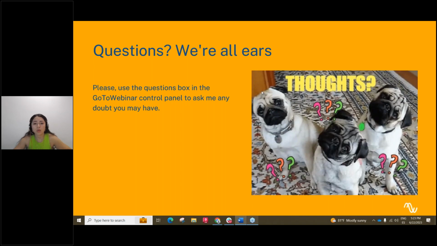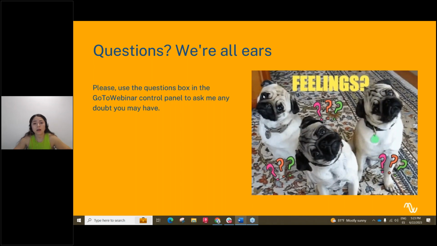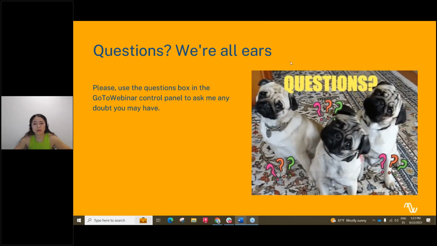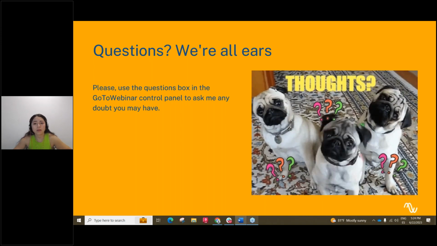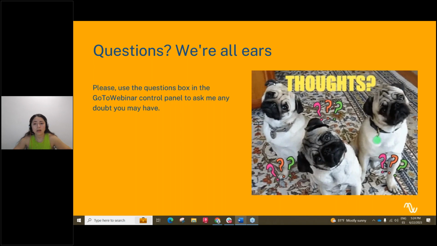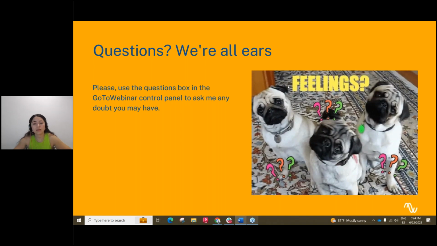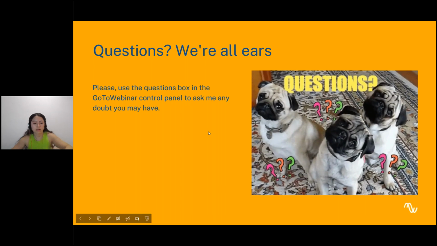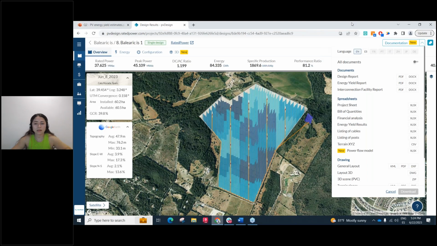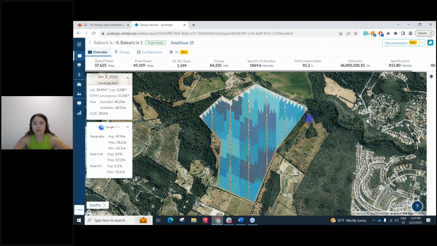Also for the equipment, you need to contact your manufacturer to get the uncertainty, and based on that value, you can enter the percentage in pvDesign in the simulation section. Okay.